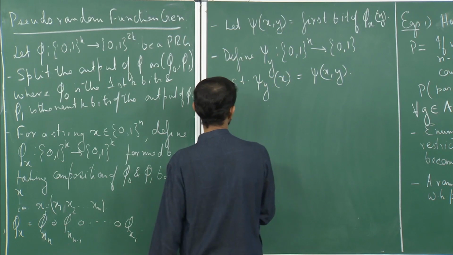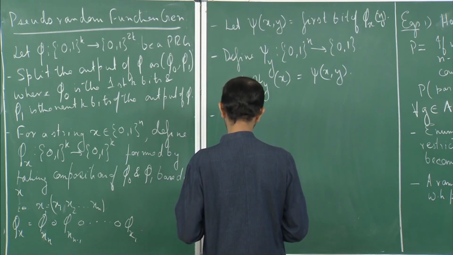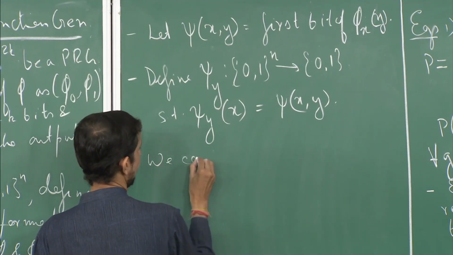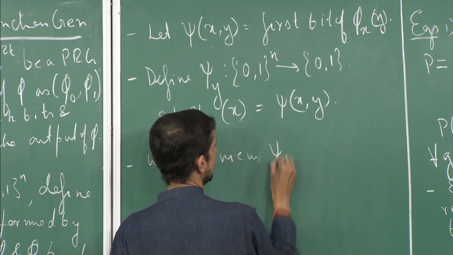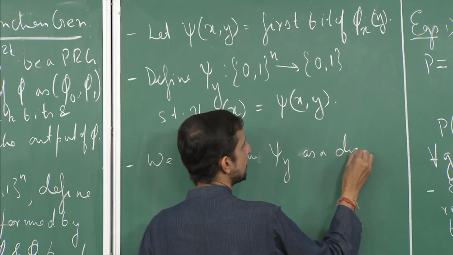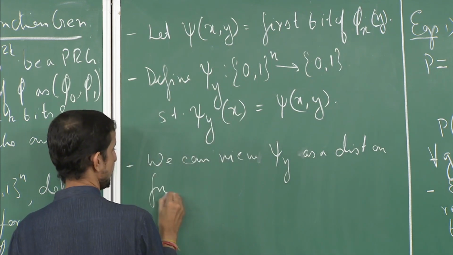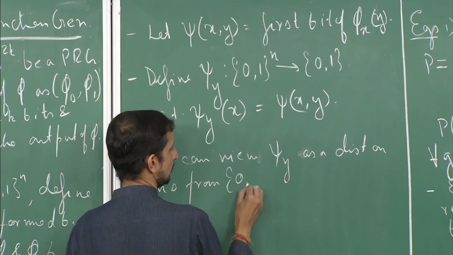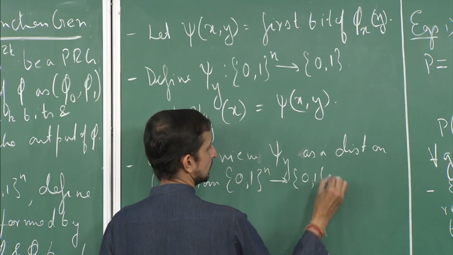Okay, and we can view chi y as a distribution on functions from 0 1 to the power n to 0 1.